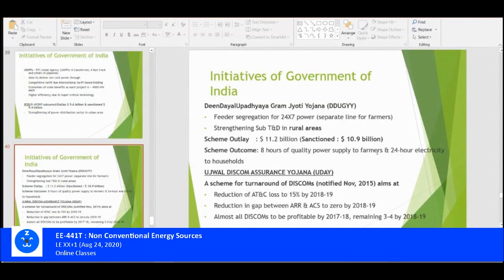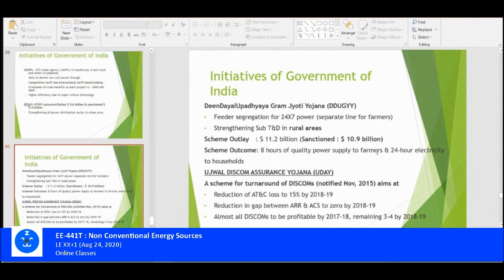Initiatives of Government of India, as you might have heard, Deen Dayal Upadhyay Gram Jyoti Yojana, the rural electrification program, has been operating since quite some time. The target is to provide 24-hour electricity to all households and at least 8 hours of quality power supply.